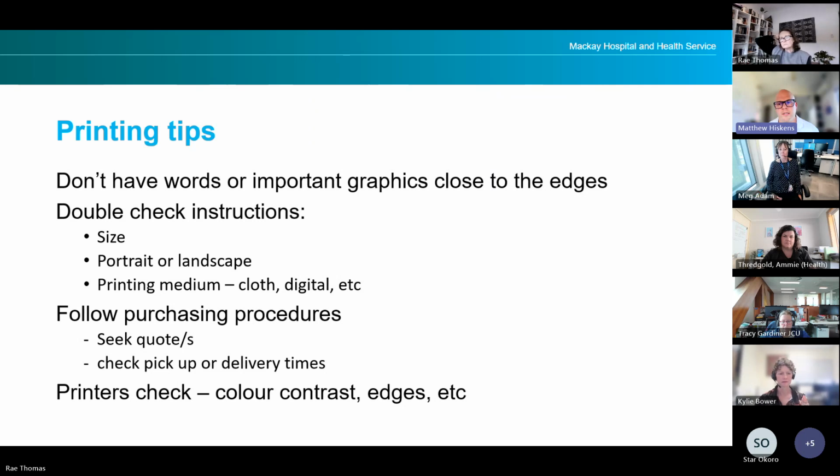If you're getting it printed, some conferences will print it for you, others you have to do it yourself. Just check the delivery times. I've had researchers panic call me, saying, I'm jumping on a plane tomorrow and my poster hasn't printed yet. What do I do? So don't leave it to the last minute.